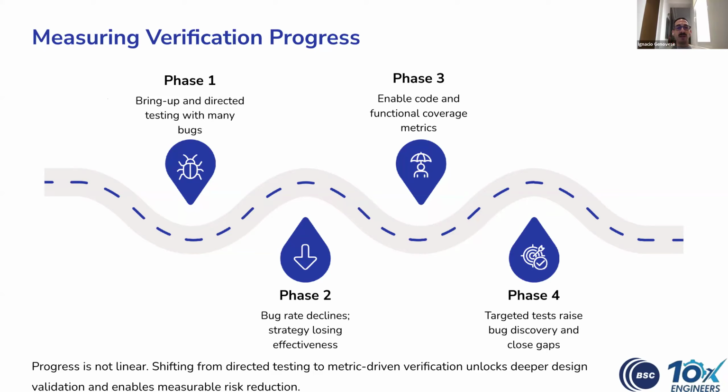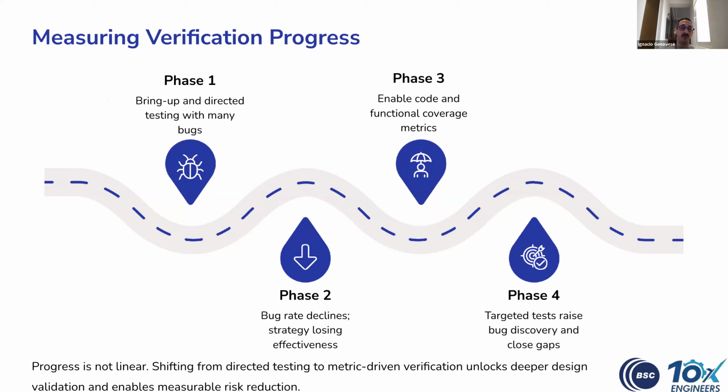The progress in verification is not linear. In the first stage of the design, we might find bugs really fast, but then the existing tests might not find any more bugs. So this inflection point is critical. So here is when we need to shift from directed testing to metric-driven verification and enable coverage collection. In this way, we start seeing coverage holes, and we need to start writing tests for uncovered areas.